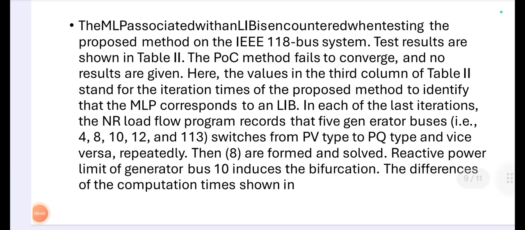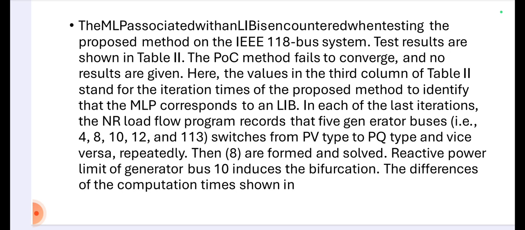The MLP associated with an LIB is encountered when testing the proposed method on the IEEE 180 bus system. Test results are shown in the table. The POC method fails to converge and no results are given. Here, the values in the third column of the table stand for the iteration times of the proposed method to identify that the MLP corresponds to an LIB.